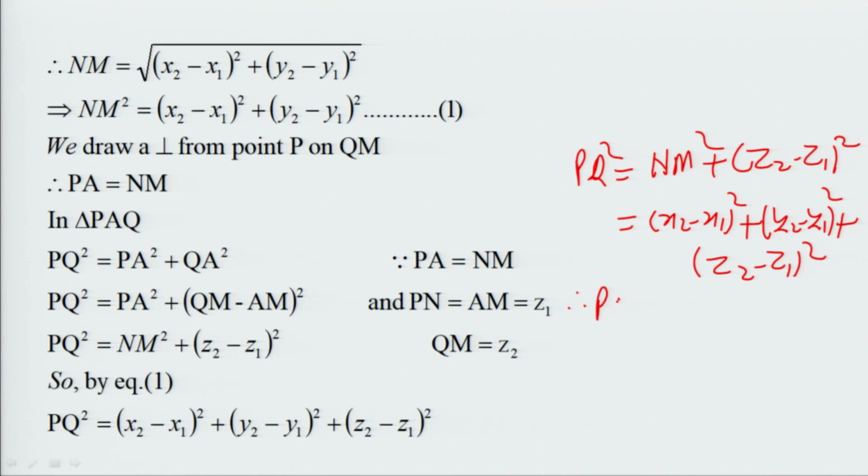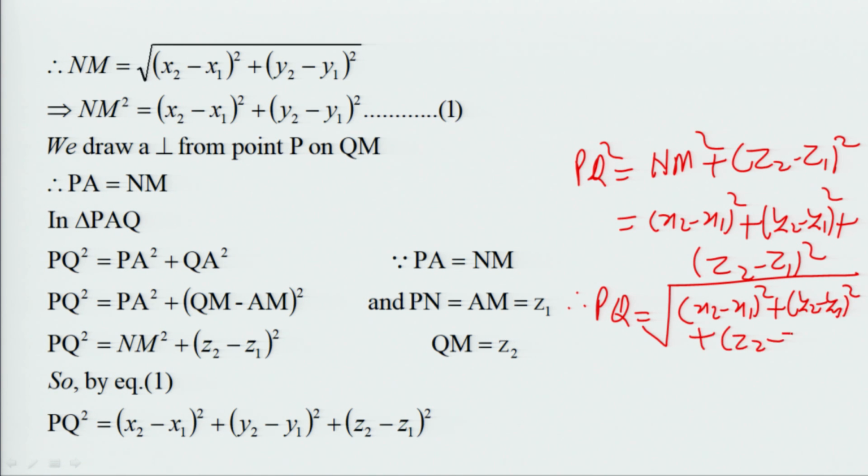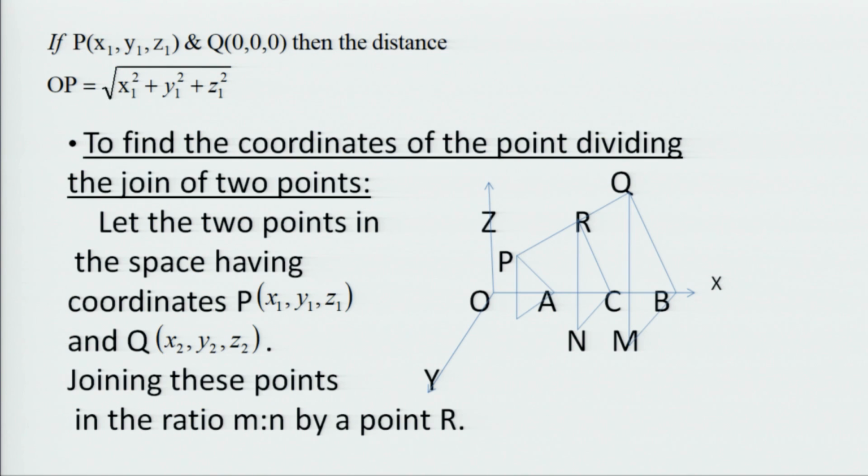Therefore, PQ equals under root x2 minus x1 whole square plus y2 minus y1 whole square plus z2 minus z1 whole square. This is the required distance between any two points in space. This is the well known formula to find the distance in space of any two points.